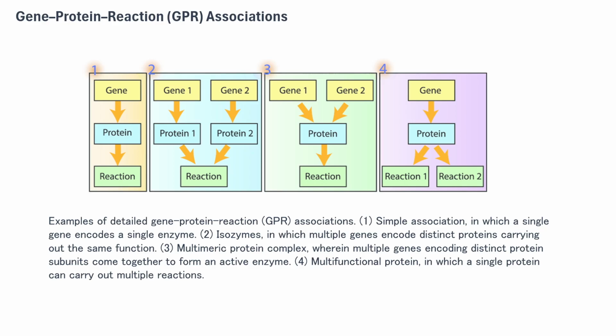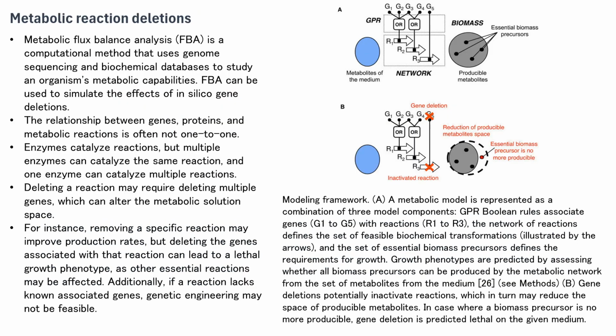So this is a simple association. These are what are known as isozymes, two different enzymes having a similar function. This is multimeric, and this is multifunctional. So these are different types of gene protein reaction associations you can have.